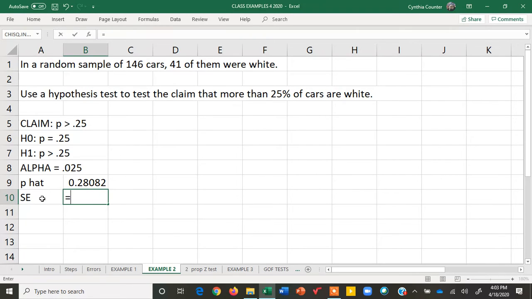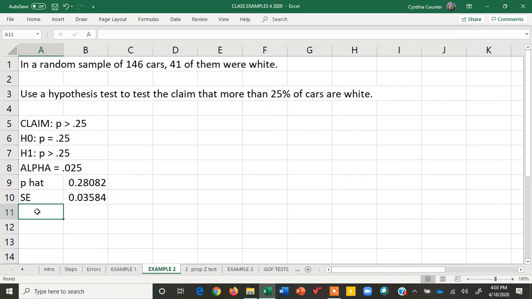So we have equals square root of 0.25 times (1 minus 0.25) divided by the sample size, 146. So that gives us a standard error of 0.0358.